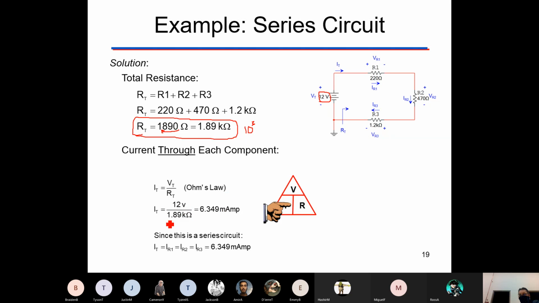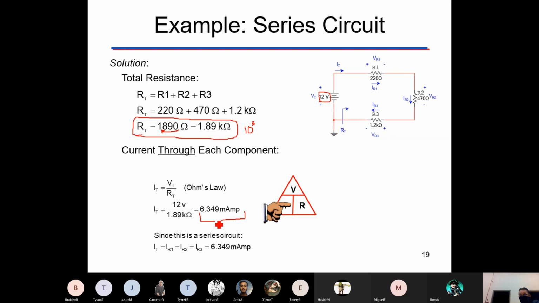So you're going to take 12 volts and put it over 1.89, and it gives you 0.006349. And then you move your decimals over and you get 6.349 milliamps. Is that right? Yeah. Okay, and that's how you solve for your I.